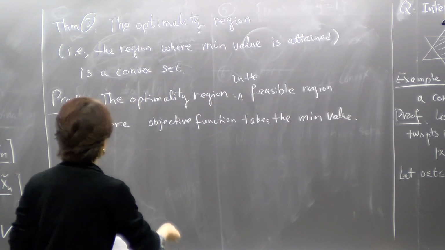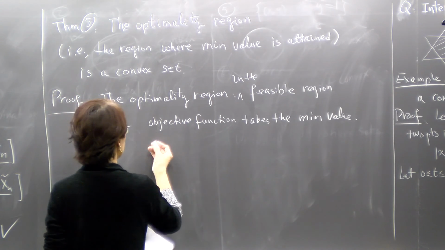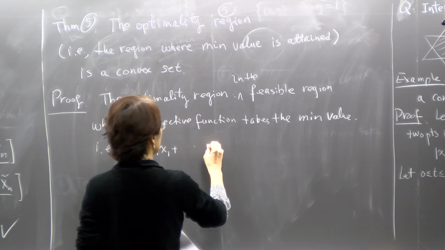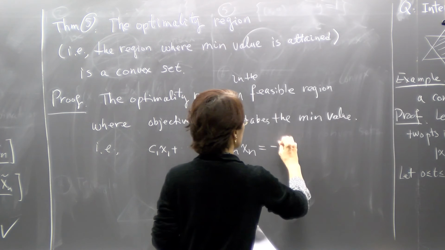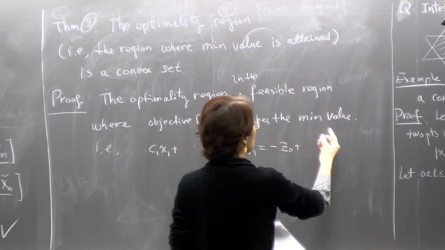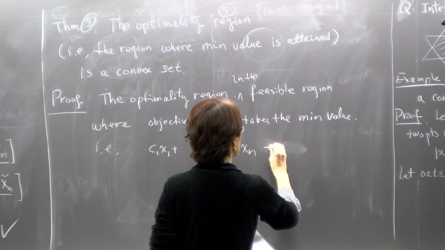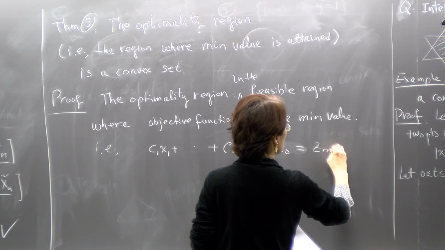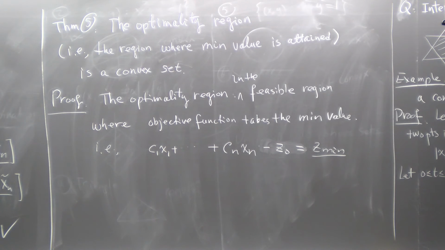Okay, so we know the objective function is an affine function, so you will have c1 x1 plus all the way to cn xn equals negative z0 plus the minimum value, right? So let's put the negative z0 on the left, and it has to equal z min, if the min exists and you know what it is.